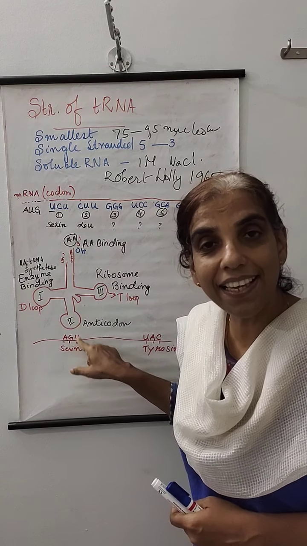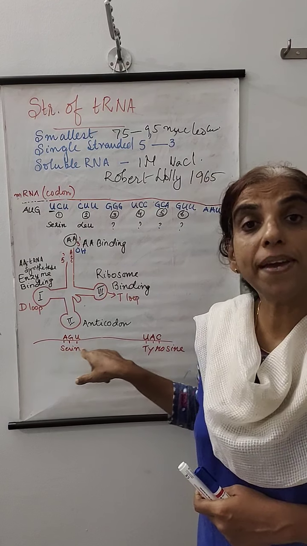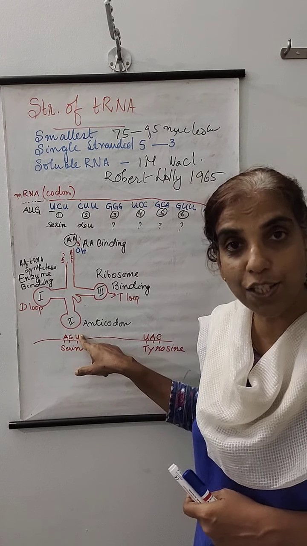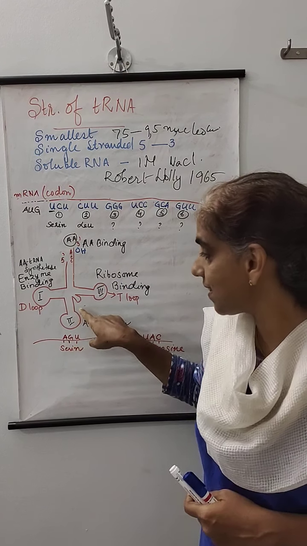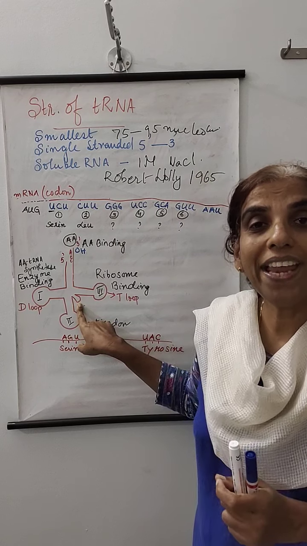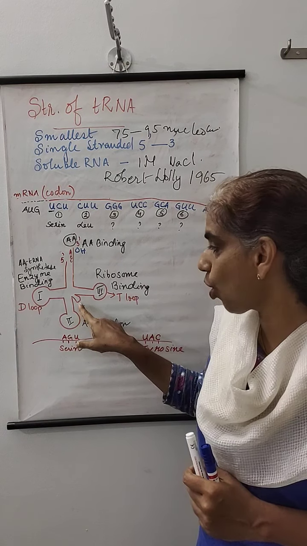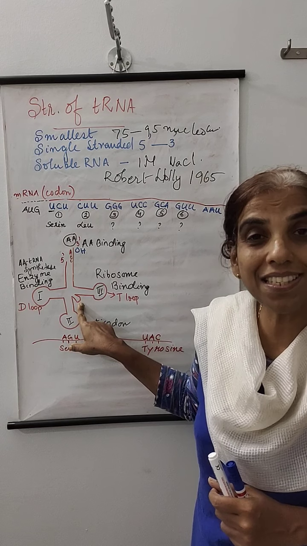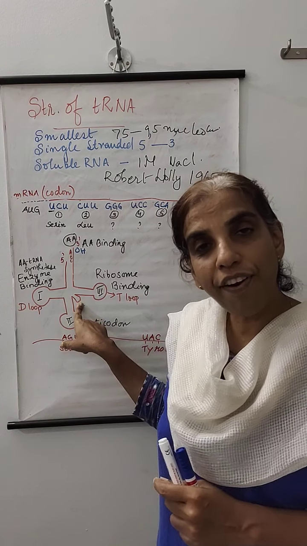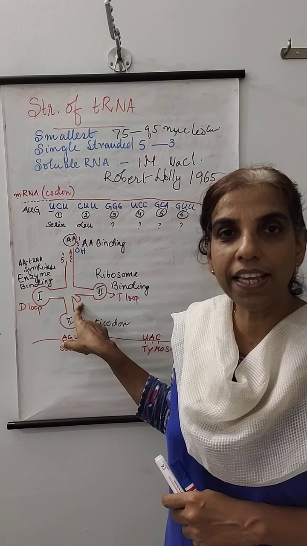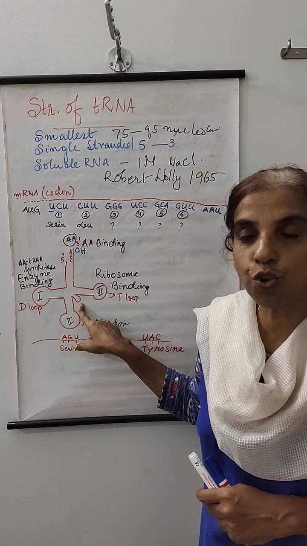This is the real site at which the messenger RNA gets connected with the transfer RNA. Then we can see a small, vestigial loop or folding. This is also called a vestigial arm. Its functional role is insignificant, and there is not much significance in its role.